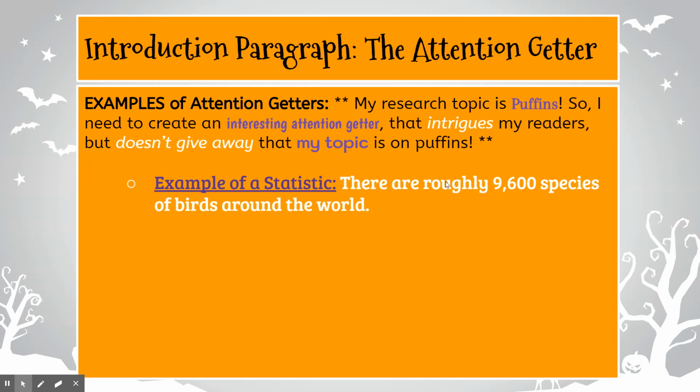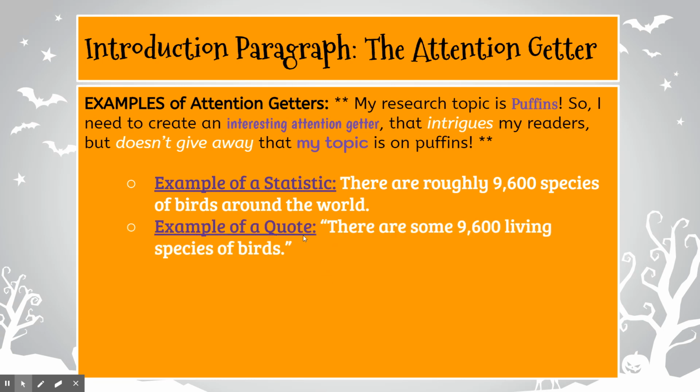So an example of a statistic is there are roughly 9,600 species of birds in the world. This is a broad statistic because I didn't pinpoint and say puffins only. I said birds. So then I know I can narrow my reader's focus throughout my introduction into puffins and not just birds in general.